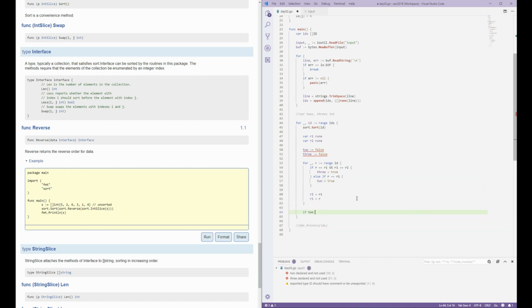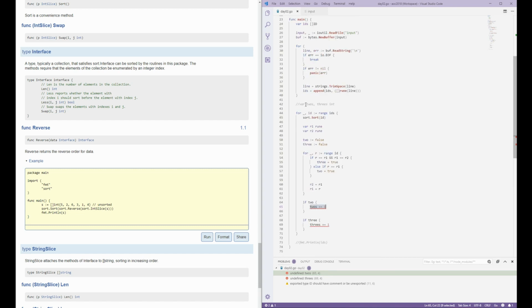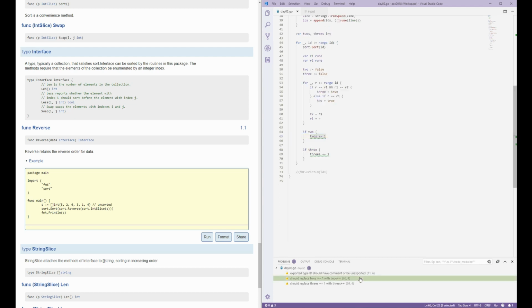If 2, then 2 plus equals 1. If 3, plus equals 1. Okay, I thought that was a Go thing. I don't know why. Can I just accept suggestion somewhere?